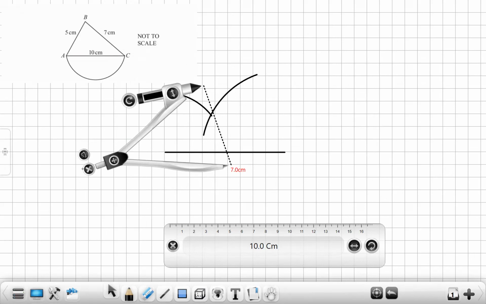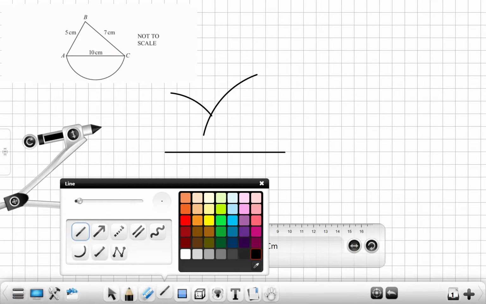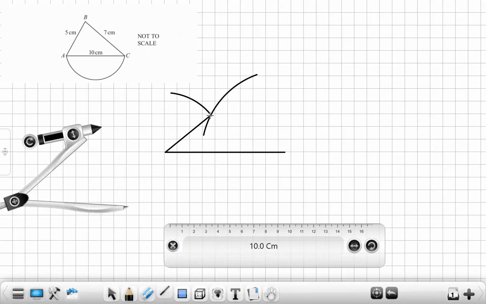The first arc needed to go a little bit longer, but it is fine for now because I see the point of intersection. So here I'm going to do that. And then from here, I'm going to draw this.